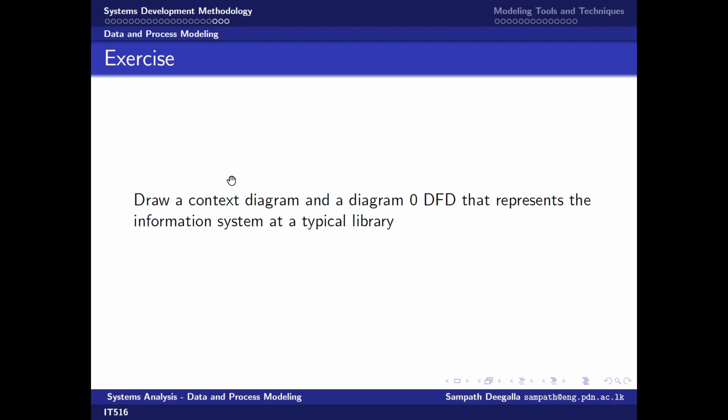You are free to come up with the entities and also the processes. So to start with, you can say, okay, library information system, you can identify what entity types are there. By the time, I will share my notes with you, so that you can refer to them.